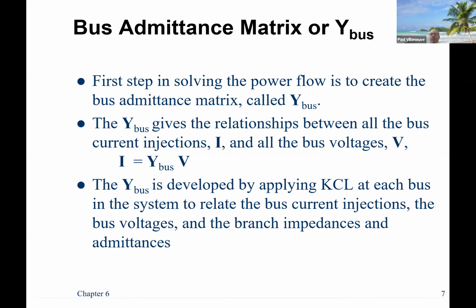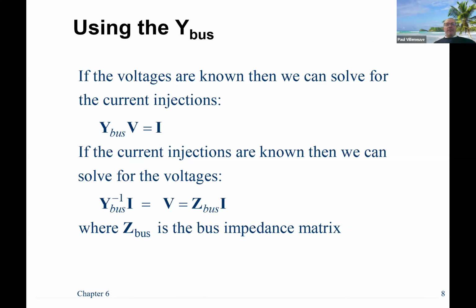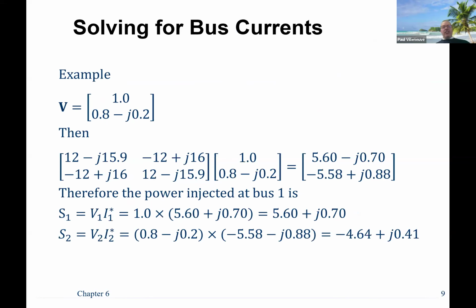So you're going to build your admittance matrix, Y-bus, and you're going to invert your Y-bus to get your Z-bus, which is not as useful in some cases, but in some cases it is. But we're actually going to use our Z-bus. So if we wanted to solve a problem for calculating power, we've got 2 buses. So we have a voltage at each bus. Then we have a Y-bus.